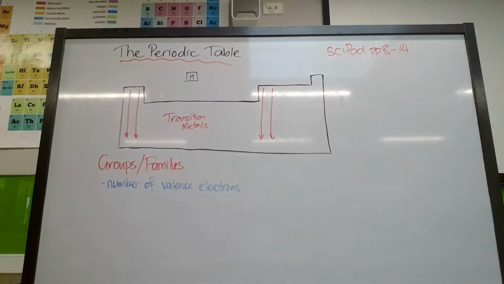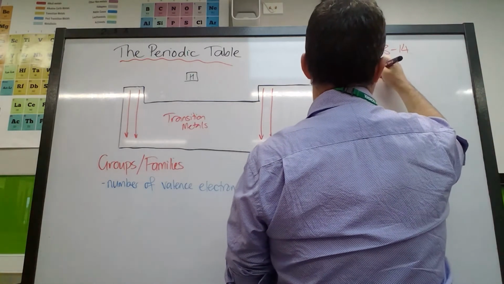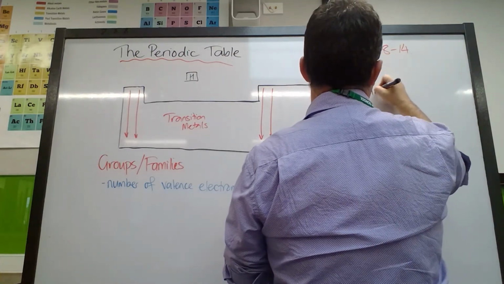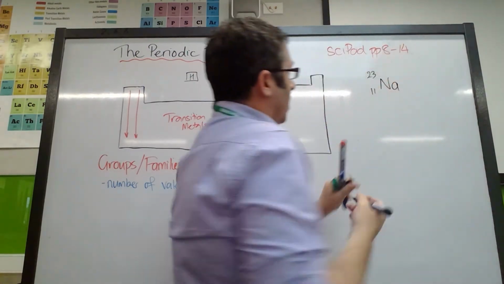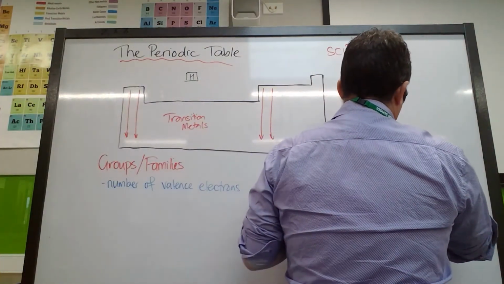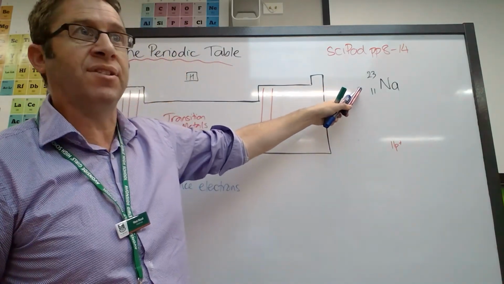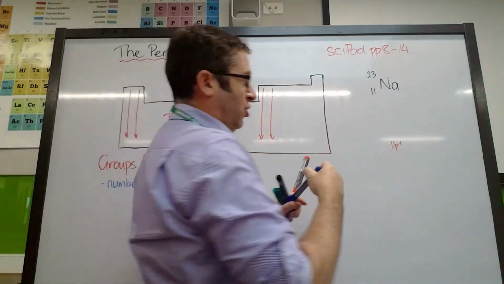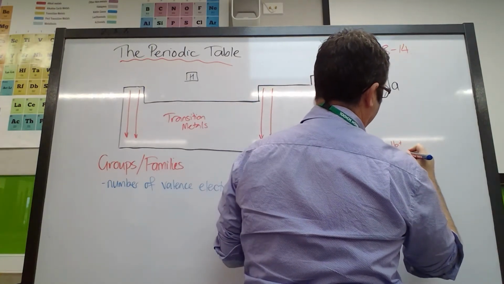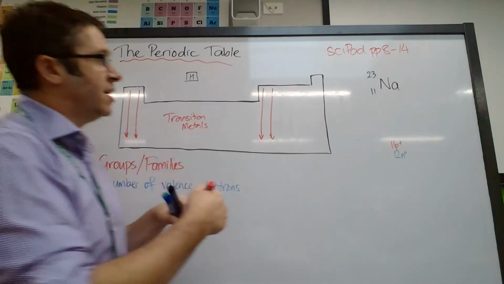What do I mean by valence electrons? When we have an atom, I'll use sodium as an example, sodium is number 11. Being number 11, it means it has 11 protons in its nucleus. And being number 23, it has 23 minus 11 is 12 neutrons gluing that together so it doesn't collapse or fall apart.